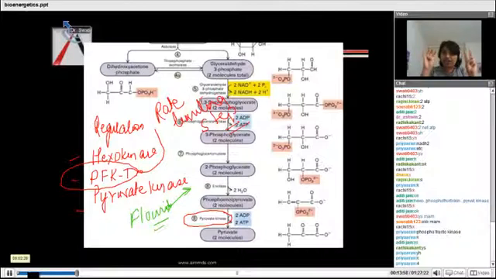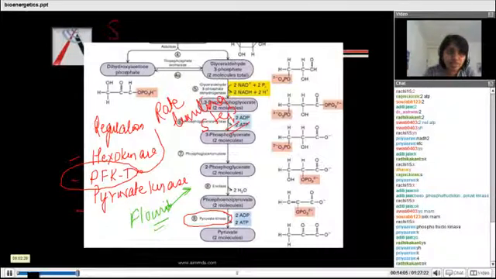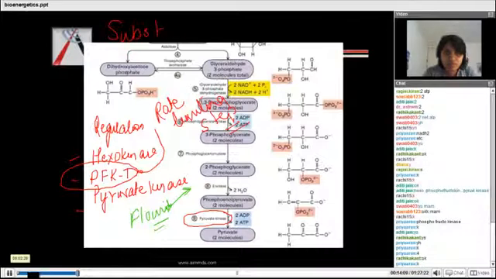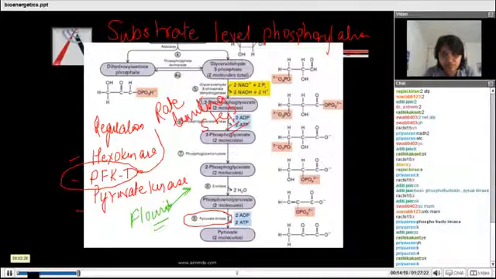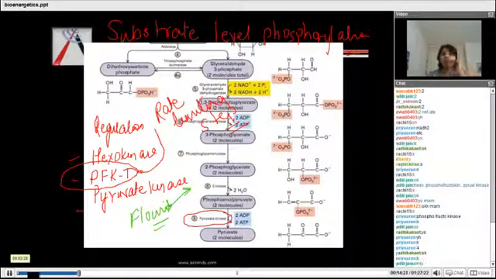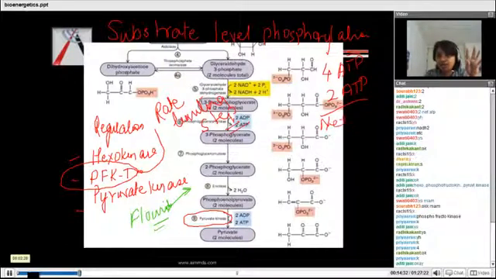This using up and making is called substrate level phosphorylation. So in substrate level phosphorylation, we formed 4 ATP, we used 2 ATP, and net we got 2 ATP.